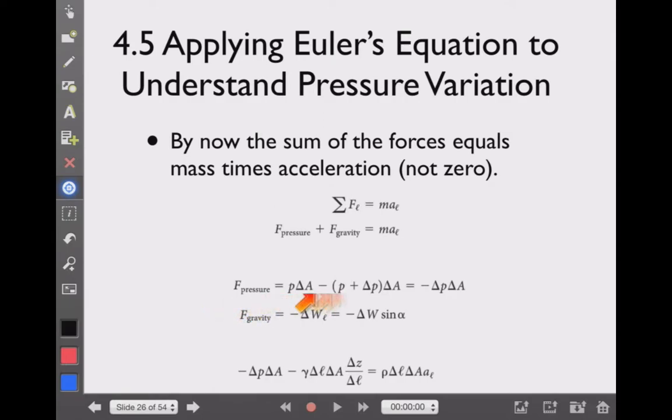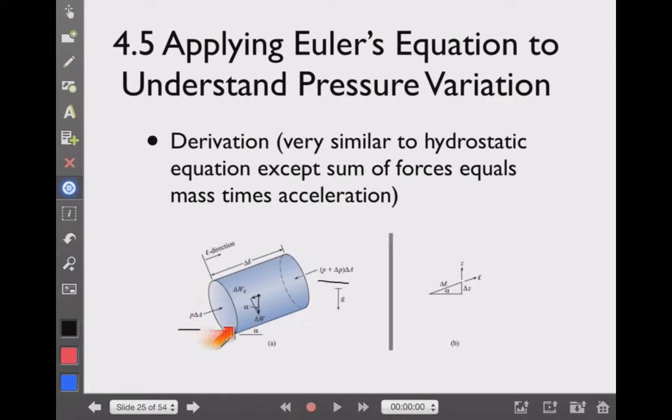So as before, the pressure force turns out to be this. Note that, again, since these two pressure forces on either end of that fluid parcel are in different directions, we have a minus sign here. And because of the way the definitions are, this becomes a negative quantity, negative delta P times area, where area is the area at the end of this fluid parcel. This is the area.